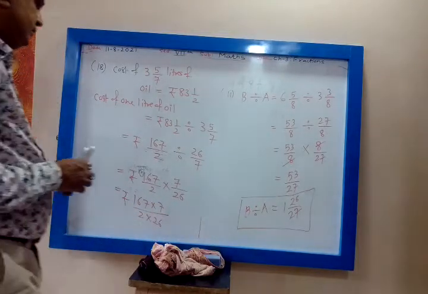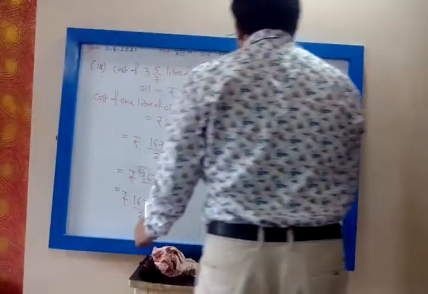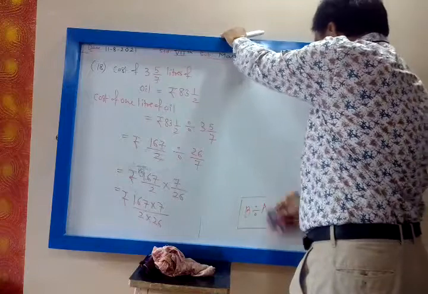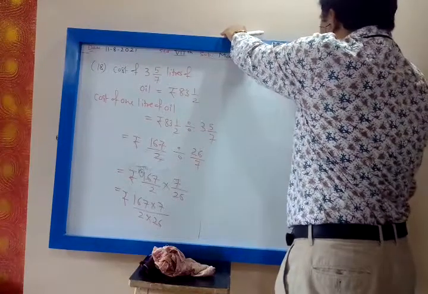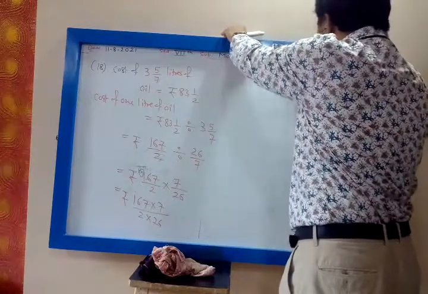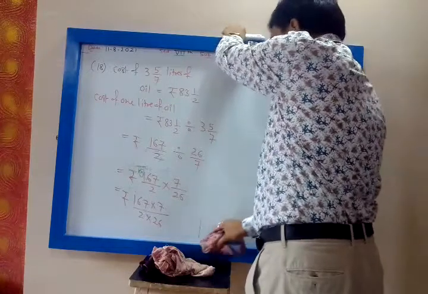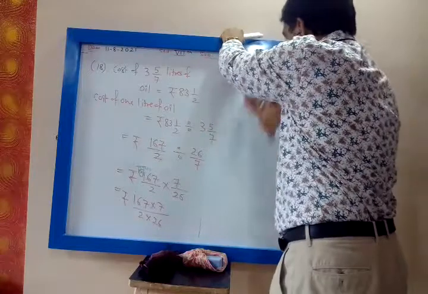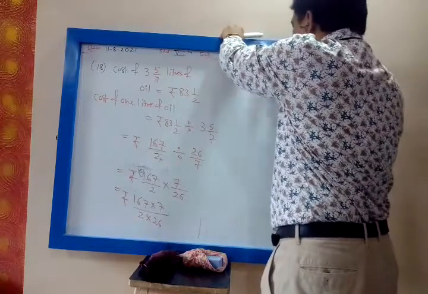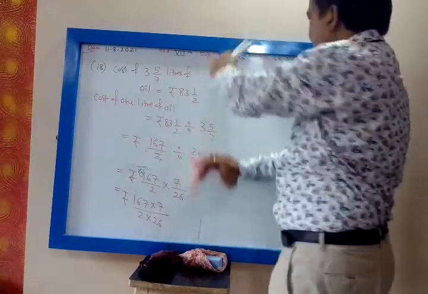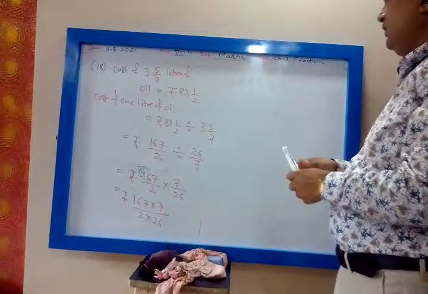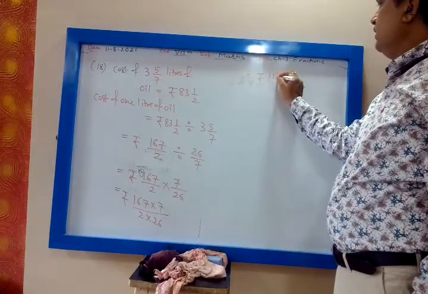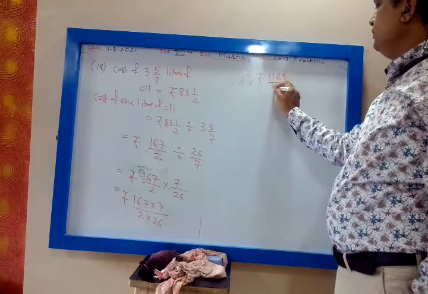So denominator is 52, but simplify the numerator. 1169 upon 52. Convert that into a mixed fraction. Rupees 1169 upon 52.